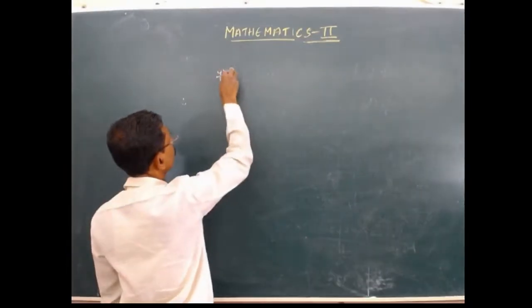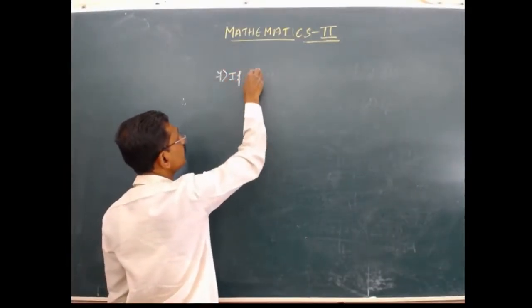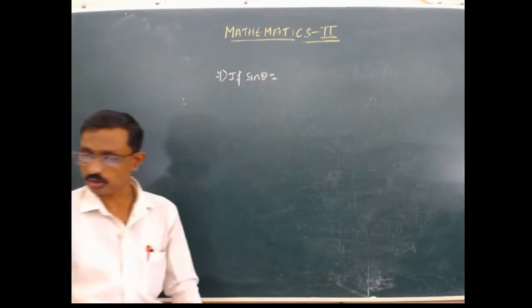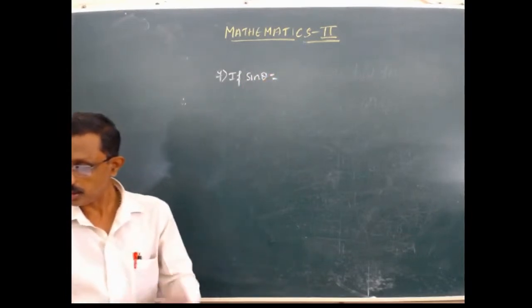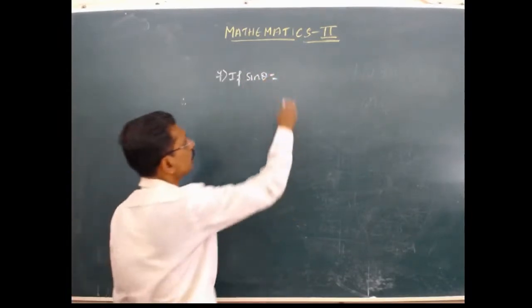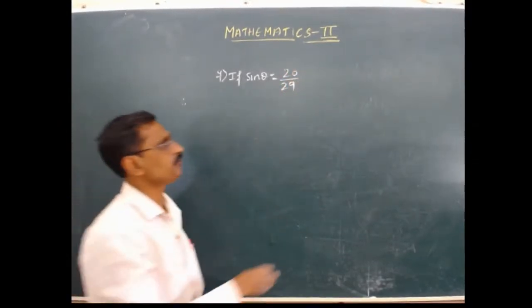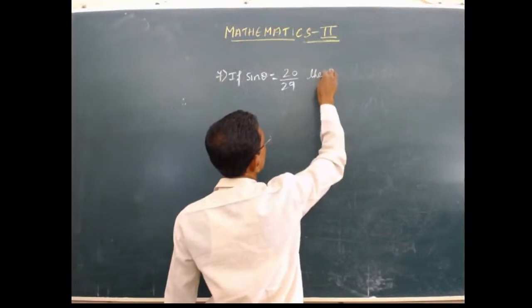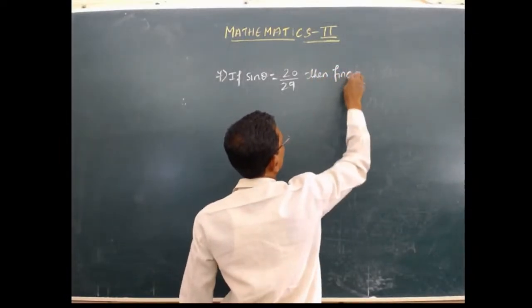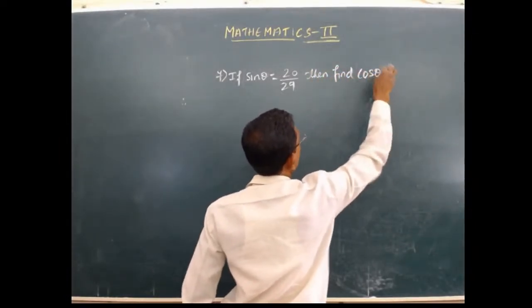If sine theta is equal to 20 upon 29, then find cos theta.